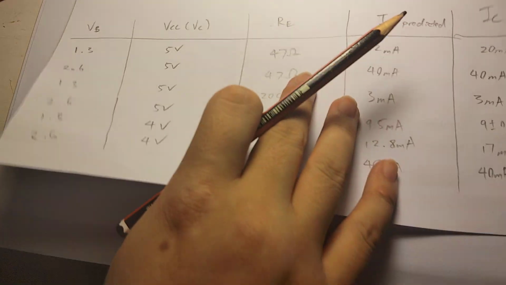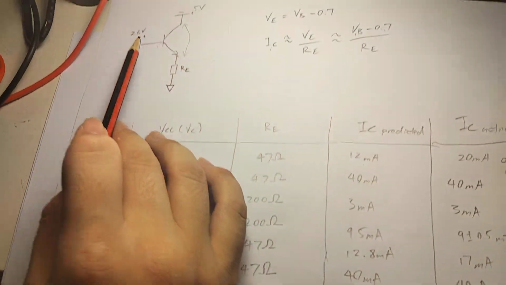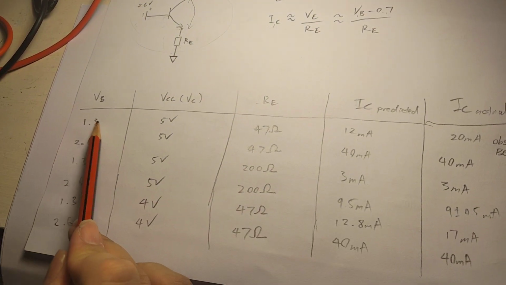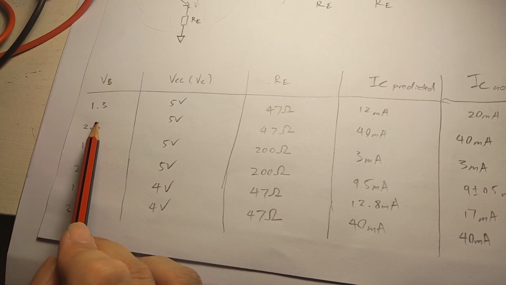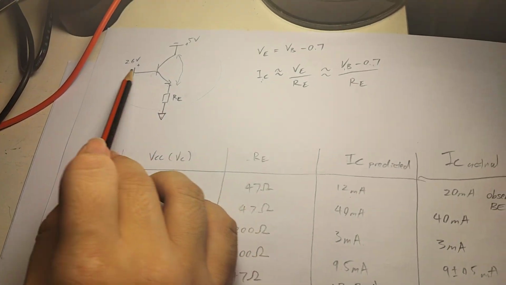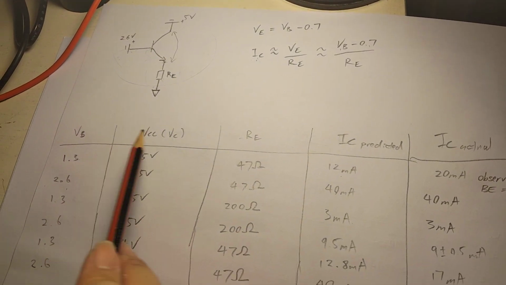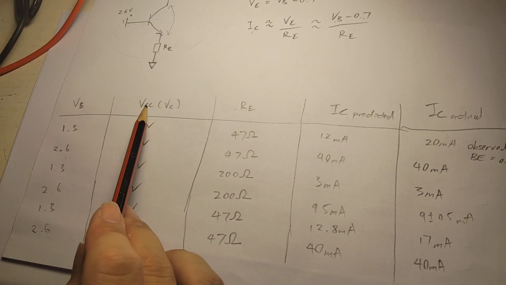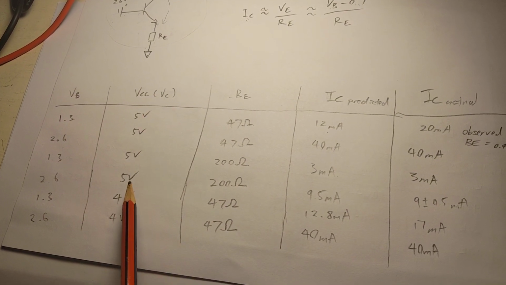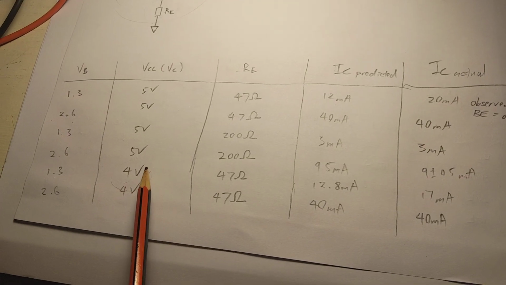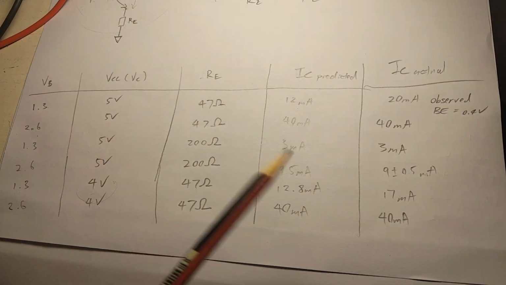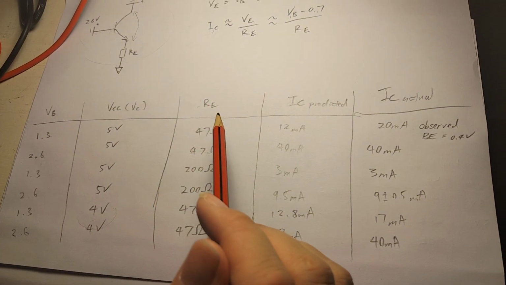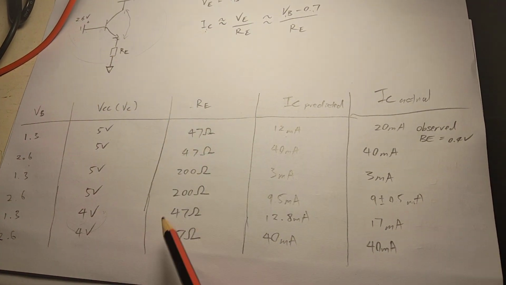So I've set up an experiment using batteries, one or two batteries. So 1.3 is a single battery, 2.6 is a two battery combination to supply the base voltage. And then I'm going to vary the VCC from 5 volts to 4 volts to demonstrate that VCC does not impact the collector current calculations, sorry.